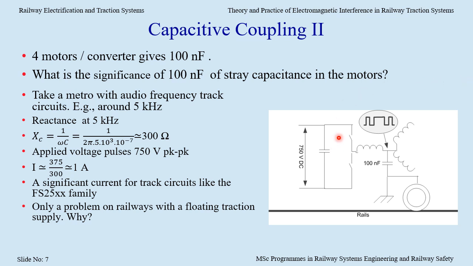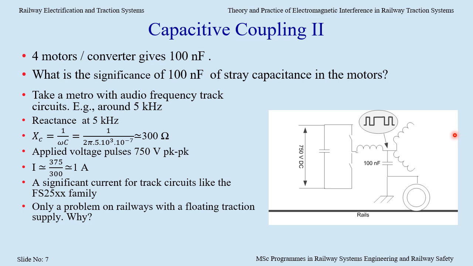The converter is switching and applying pulses of 750 volts DC peak to peak to the motors, and this is applied to the stray capacitance to earth. That gives approximately 1 amp RMS of current into the earth, and that is quite a significant amount of interference current for these audio frequency track circuits.